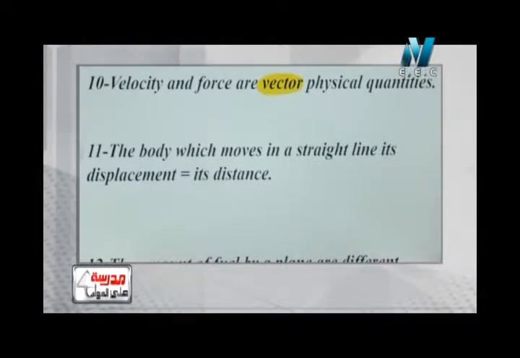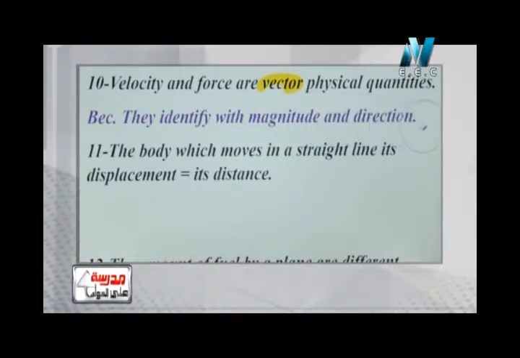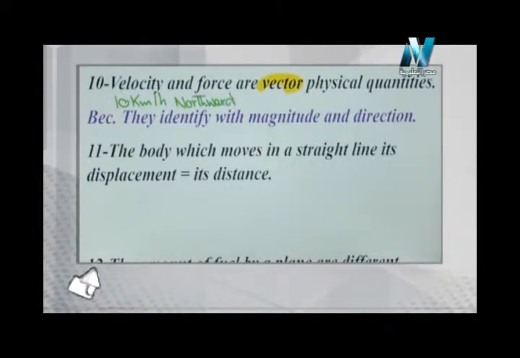What is meant by vector physical quantities? هقول له طبعا they identify, يبقى because they identify with magnitude and direction. يعني لما اقول velocity مثلا for example هقول له velocity 10 كيلومتر per hour northward. يعني اتحرك velocity يعني سرعة متجهة طبعا 10 كيلومتر per hour شمالا northward. يبقى we identify by magnitude and what?